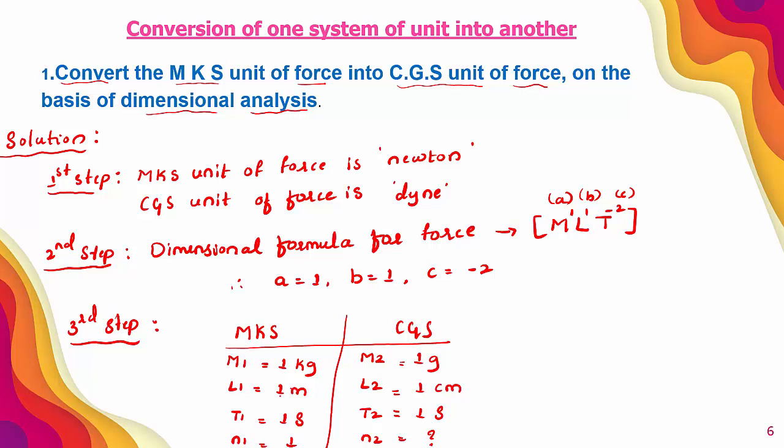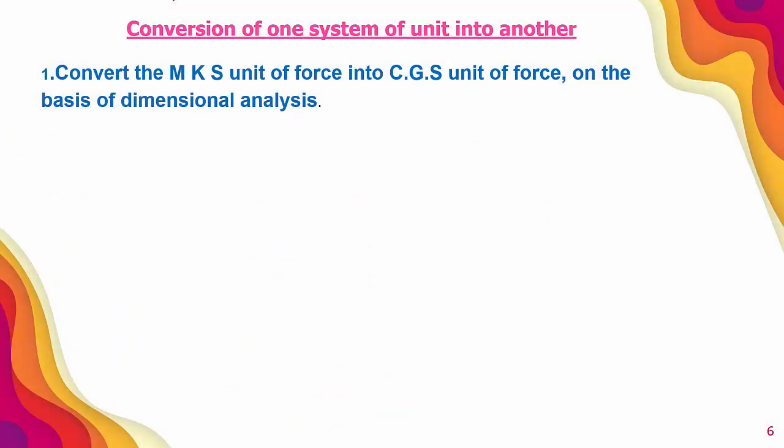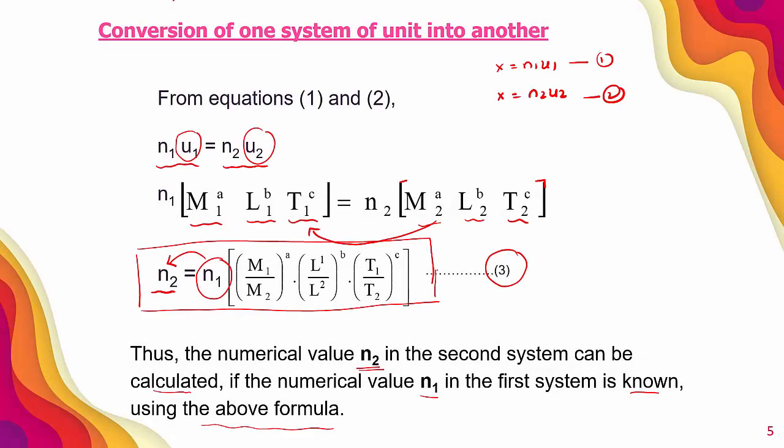Now we can write the fourth step. You can observe this equation here. Third equation we are going to use. N2 equal to N1, M1 by M2 raised to A, L1 by L2 raised to B, T1 by T2 raised to C. This equation I am going to use to solve the first problem.